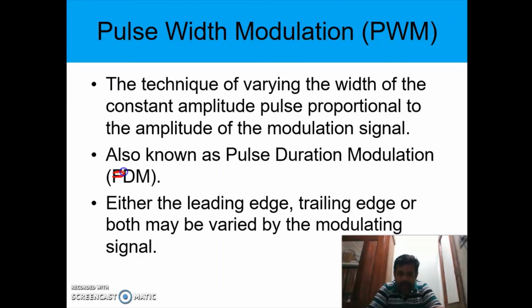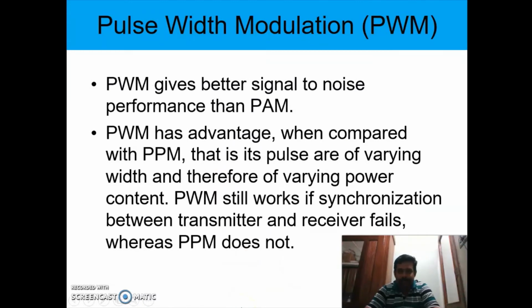It is not FDM, PDM, pulse duration modulation. Here either the leading edge or trailing edge or both may be varied by the modulating signal. Okay. So if it is a pulse, please listen, this is a leading edge and this is a trailing edge. Either the leading edge or trailing edge can be varied by the modulating signal.